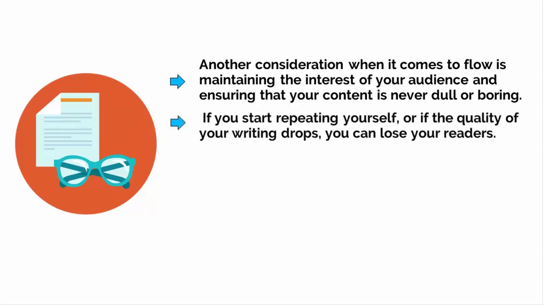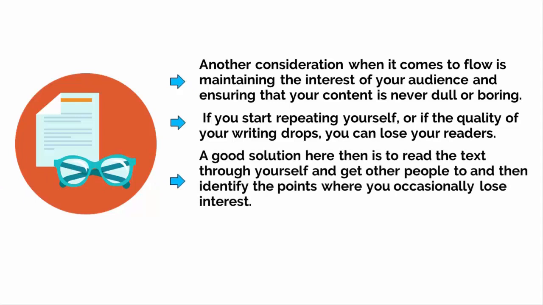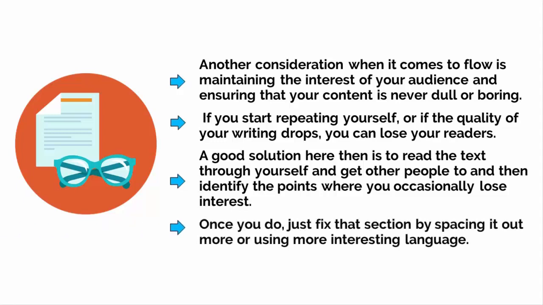If you start repeating yourself or if the quality of your writing drops, you can lose your readers. A good solution here then is to read the text through yourself and to get other people to, and then identify the points where you occasionally lose interest. Once you do, just fix that section by spacing it out or using more interesting language.